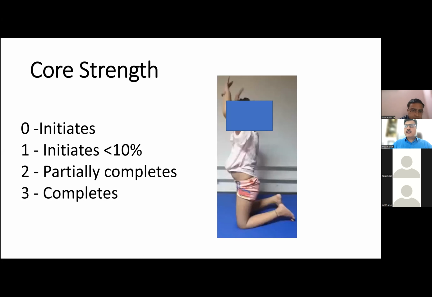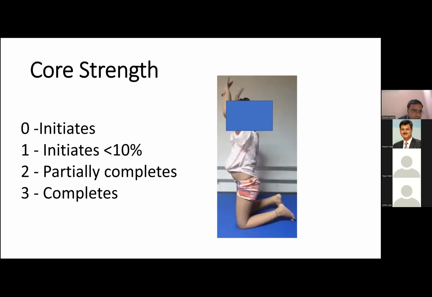But the key thing is selective motor control assessment by pediatric orthopedicians is very important to forecast how challenging the rehab would be. Then we assess the core strength, and we do it by doing a high kneeling, where the child is kneeling on his knees and is able to stand on his knees without any support for more than 30 seconds.